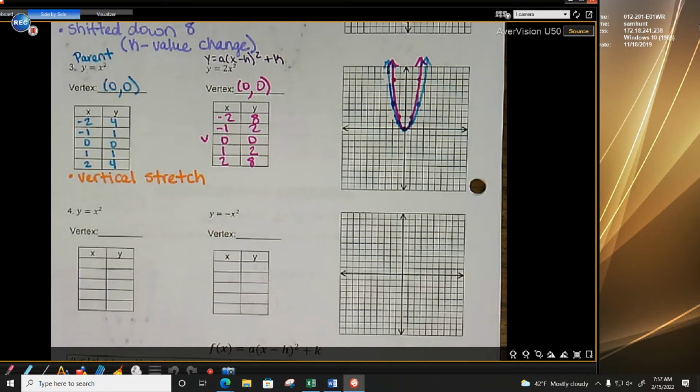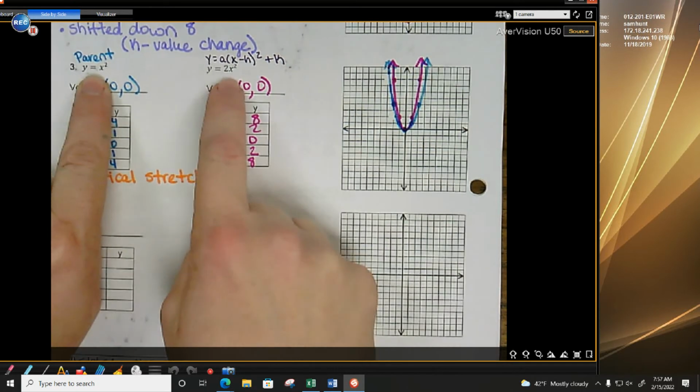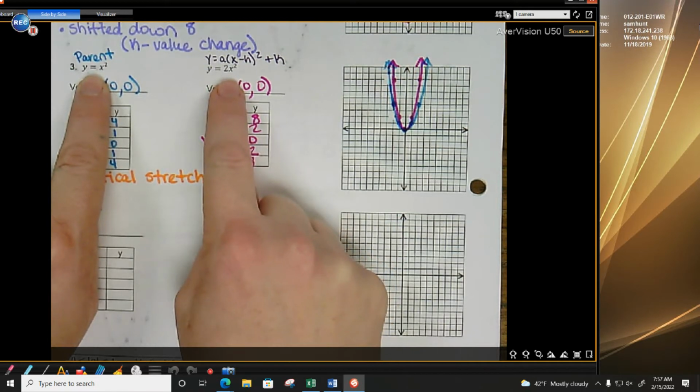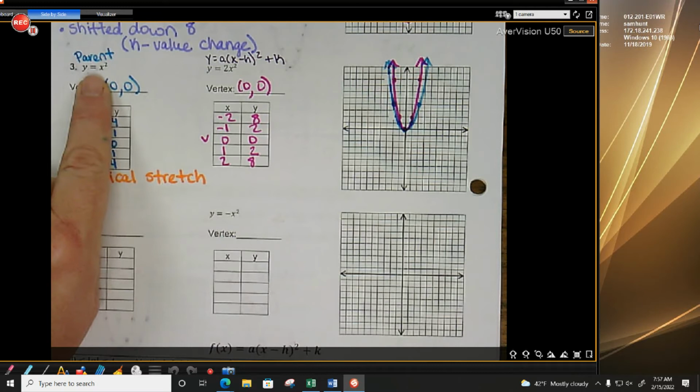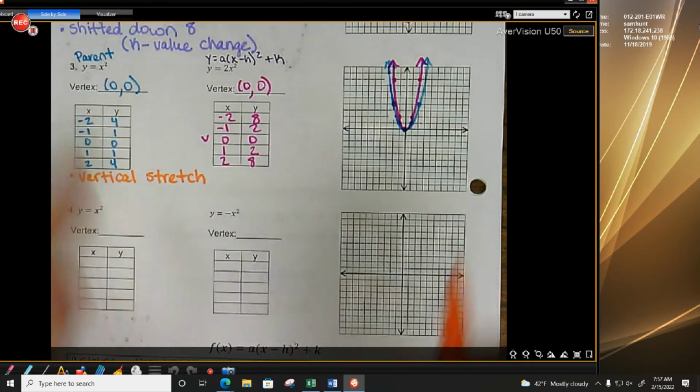Okay. Looking at your equations, what changed? The 2. The 2 is your what value though? The A. It's the coefficient of your x squared, so it's your A, okay? So this is an A value change.